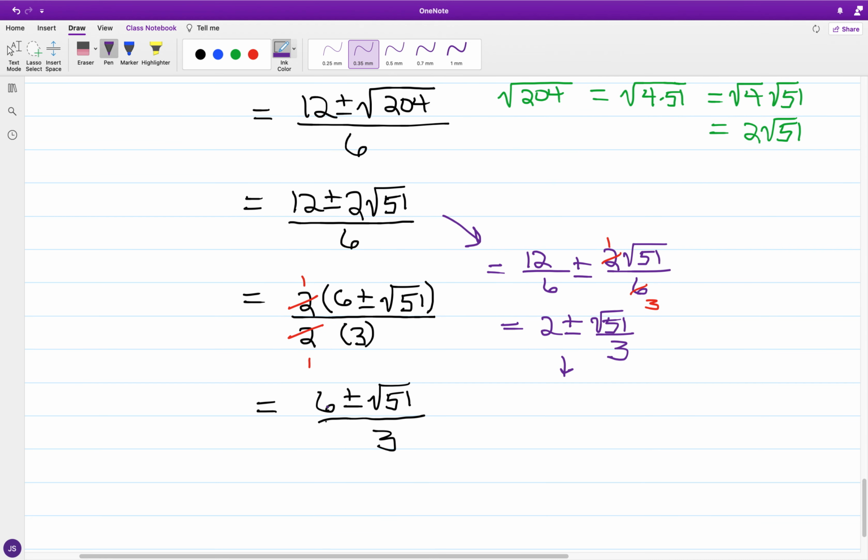So if I were to itemize, in compact form you have either 6 plus or minus the square root of 51 over 3. And if you were to separate, you would have 2 plus or minus the square root of 51, where that whole expression is all over 3. But here the 2 is by itself and separated from the fraction.